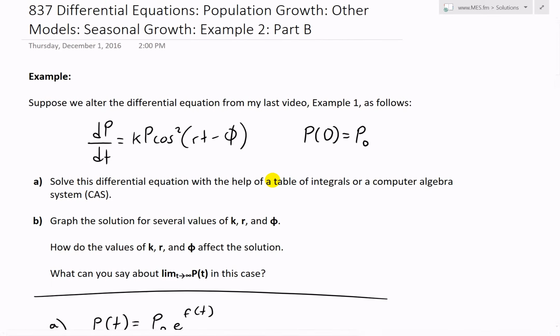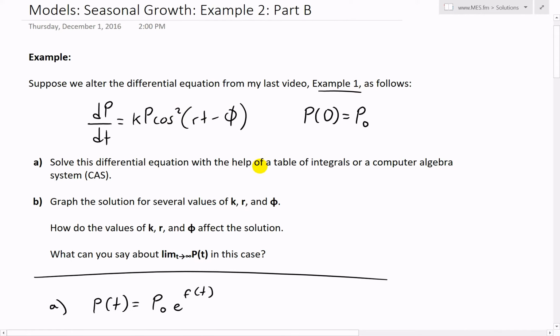So the example states, suppose we alter the differential equation from my last video, example 1. Example 1 was basically the same equation, except here we square this trigonometric function. So we have a differential equation dP/dt equals k times P, where k is a proportionality constant, P is population, and t is time, times cosine squared.